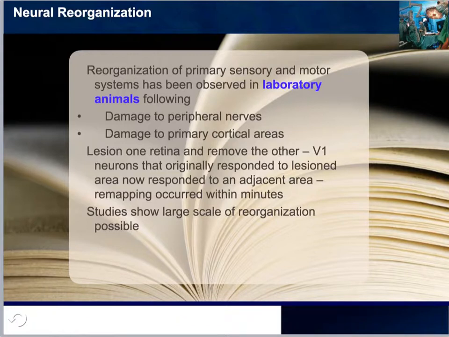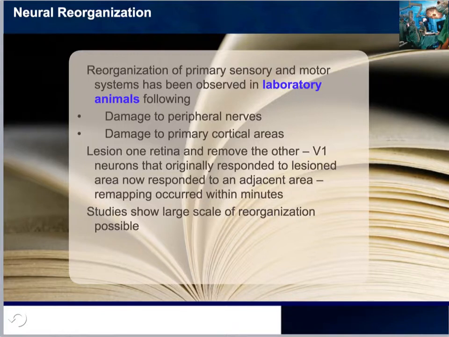Now, sensory and motor cortex is ideal to study organization because of the topographic layout. You may remember that every sensory modality has a pathway that extends in the hierarchy from the receptor end to the association cortex.